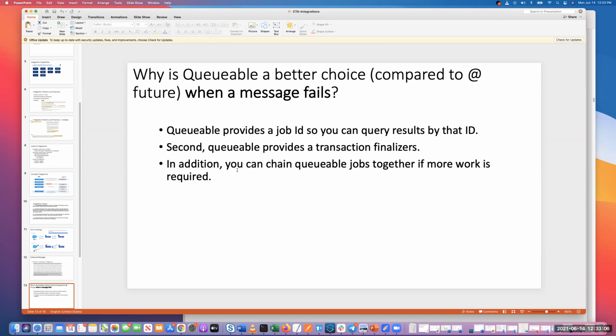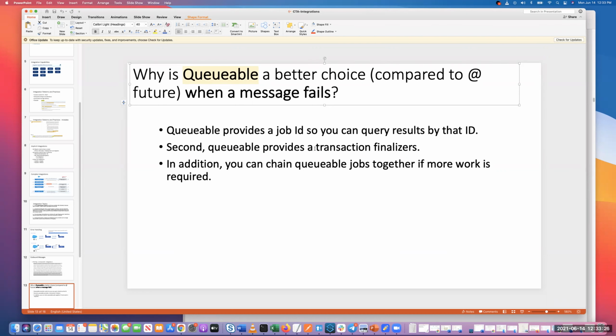There are three good reasons why Queueable is important for integrations. There might be other reasons also, but for integrations, one is you're going to get the job ID, and you can do a retry.